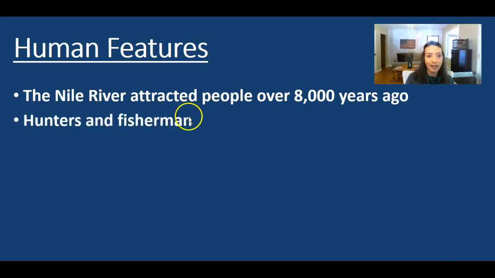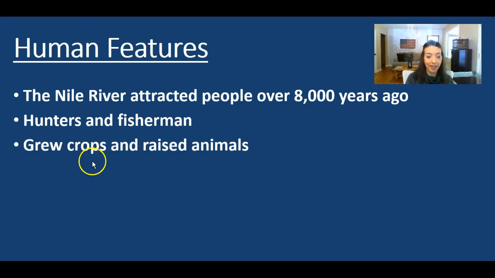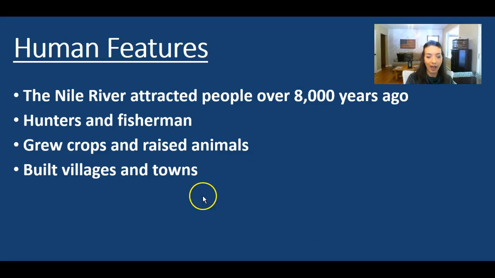Now, when people settled along the Nile River, they were hunters and they were also fishermen. They grew crops and raised animals because of the water source of the Nile. And we keep learning that whenever there is a water source, you are going to have a community. They're going to build villages and towns along the water source.